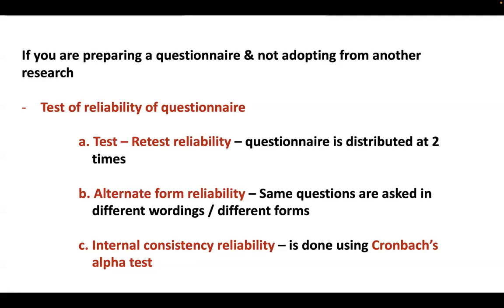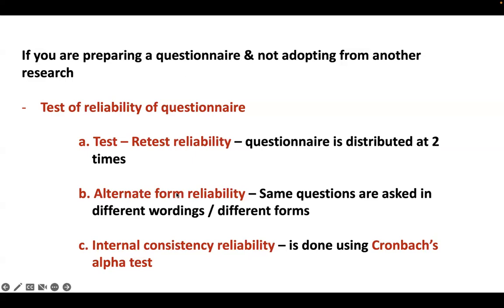Alternate form reliability means you have to rephrase the wording so that participants will not remember it. Understood? The same questions are asked in different wordings or forms. Then you use the same correlation analysis, and if the correlation coefficient is more than 0.7, it shows good reliability.